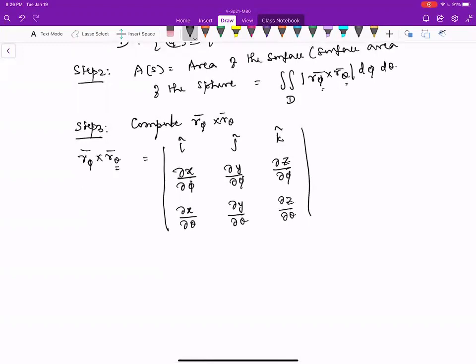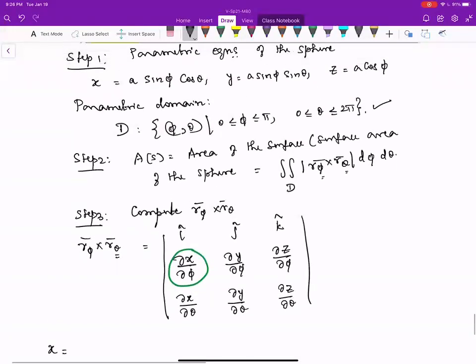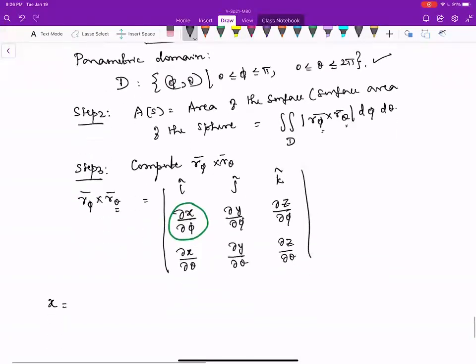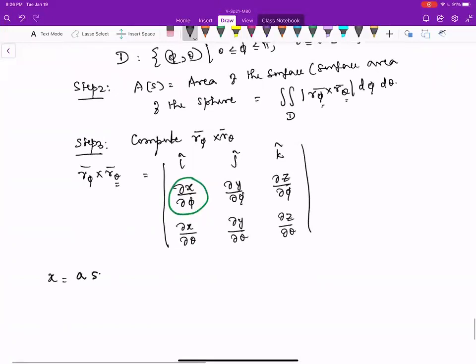This is going to be a big expression here, so I'll show you one example and you can complete the rest of them. If you want to find, let's say, partial x by partial phi, this is how you do it. X is given to be a sine phi cosine theta.